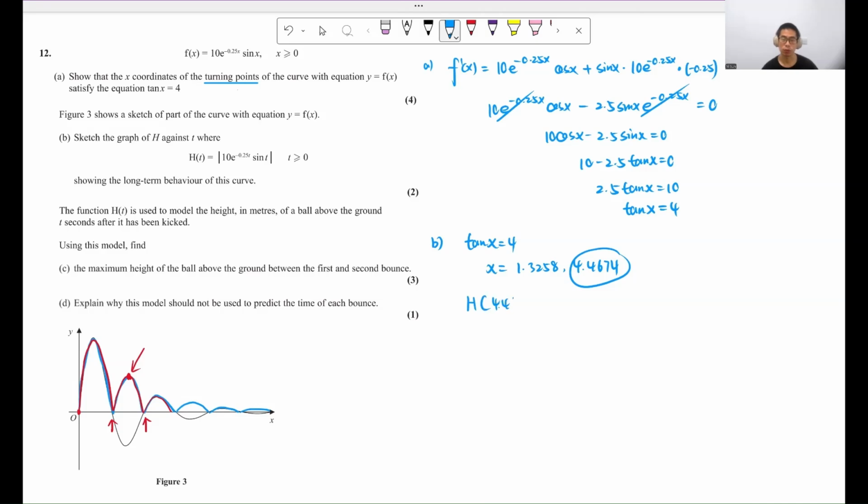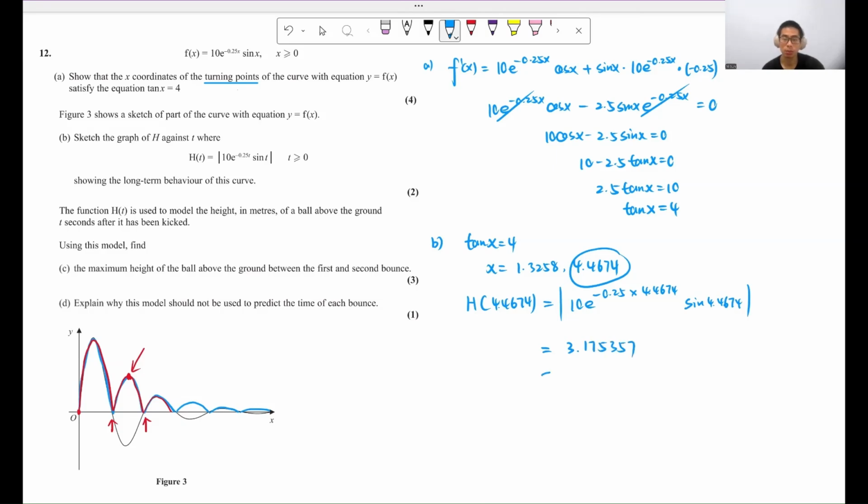So h(4.4674) is equal to the modulus of 10e^(-0.25 times 4.4674) times sin of 4.4674, the whole thing in modulus. If we put that in the calculator, 10 times e to the power negative 0.25 times that long number times sin of the angle 4.4674, and then take the modulus, it should be 3.175357.